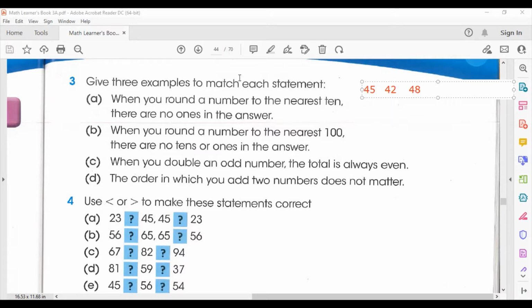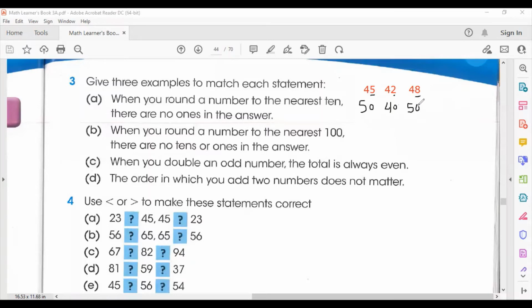When we are changing to the nearest tens, obviously 45 changes into the nearest 50 and 42. Why change into 50? Because the last digit is 5. So 4 plus 1 is 5, 50. And 42, the 2 is less than 5, so 4 as it is, writing 40. And 48, the last digit is 8, so 4 plus 1 is 5, 50.